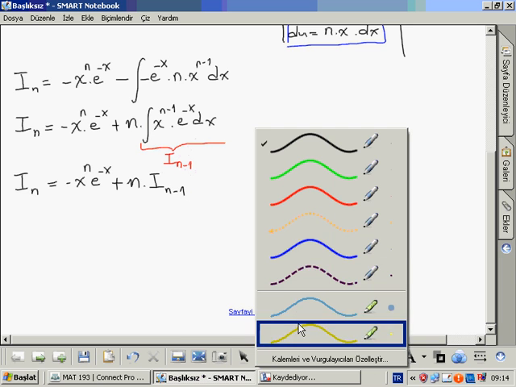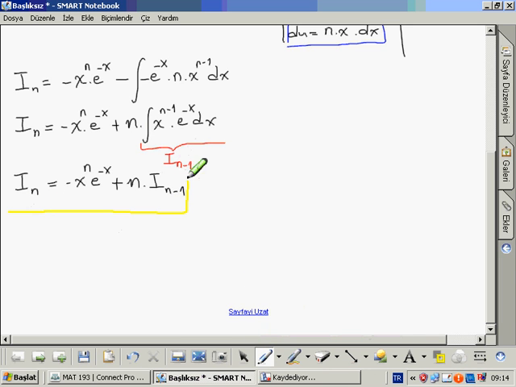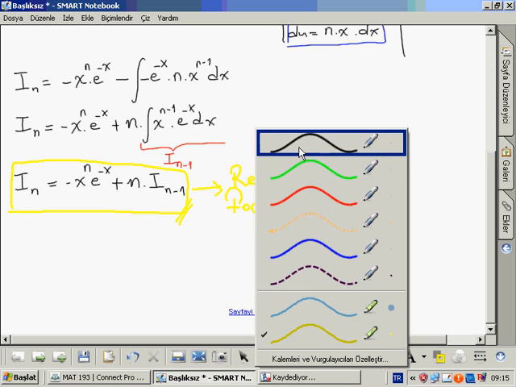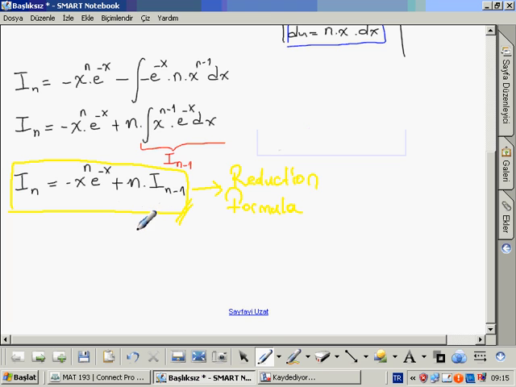Now this is the reduction formula, and now we can easily solve I sub 1, I sub 2, I sub 3, and also I sub 4, which was our question.